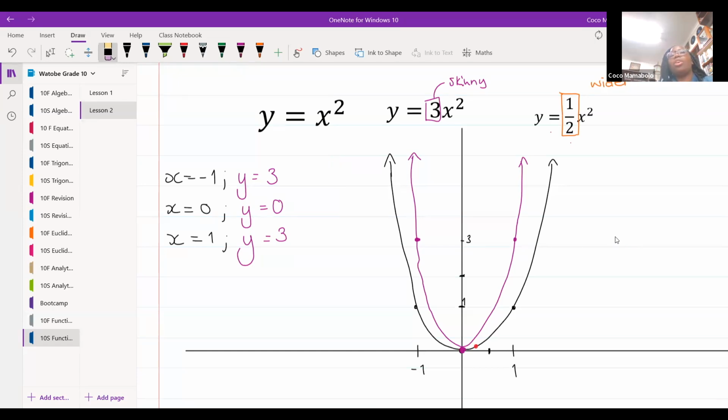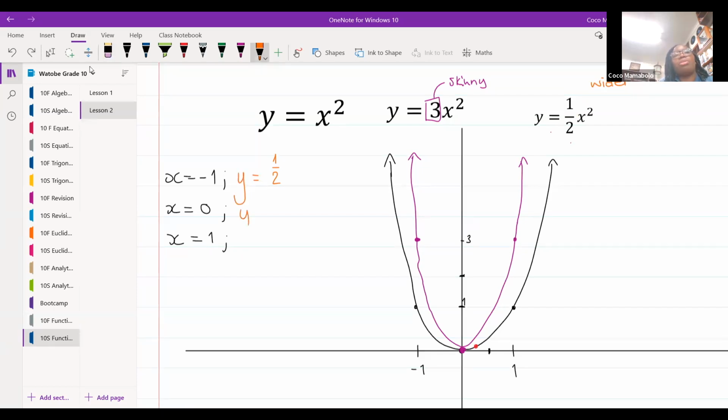All right. Okay, so we know that if I now change these values up, if my x is equal to -1, I'm going to get +1/2 as my answer, right? Because -1 squared will be +1 times 1/2 is 1/2, right?